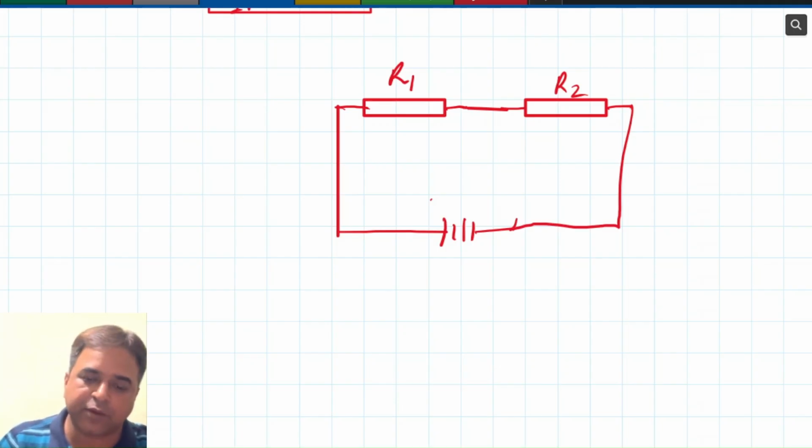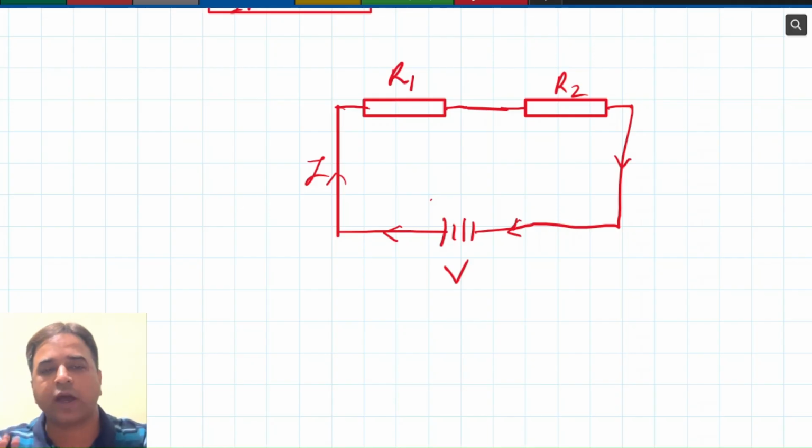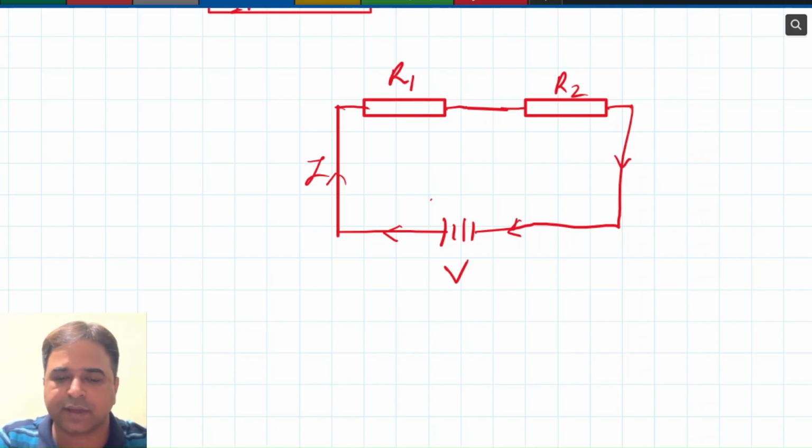Now, if voltage V is there with this battery and it is allowing flow of electric current I in the circuit, so this is the series circuit.